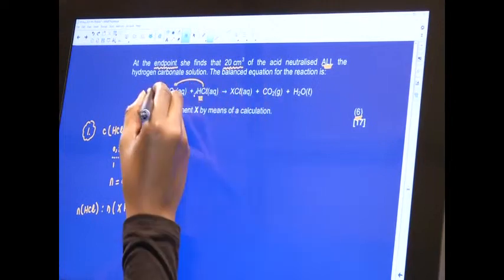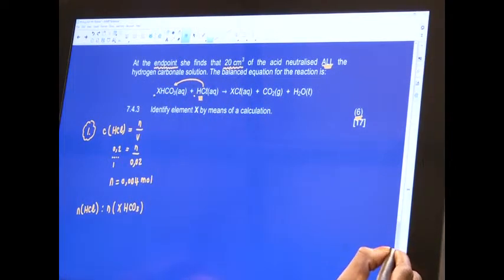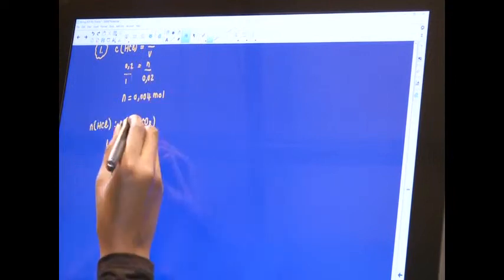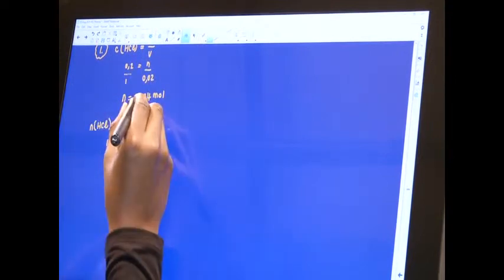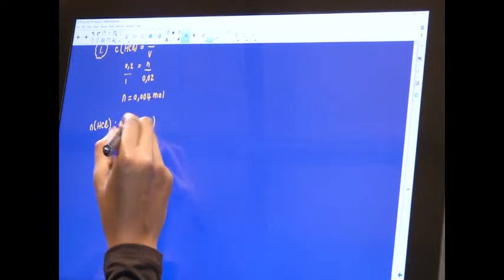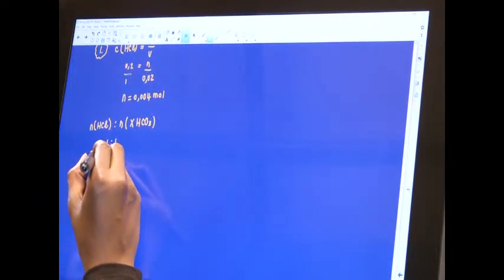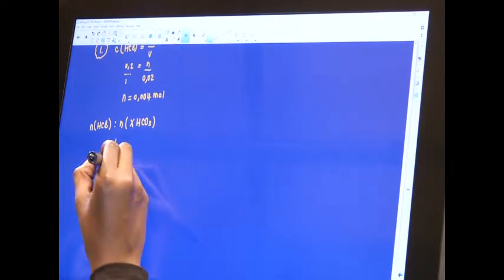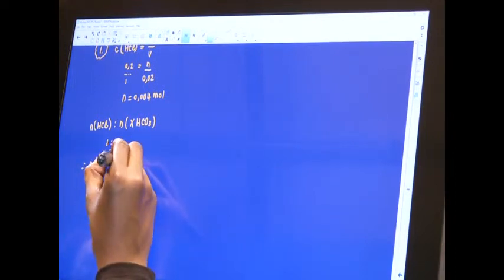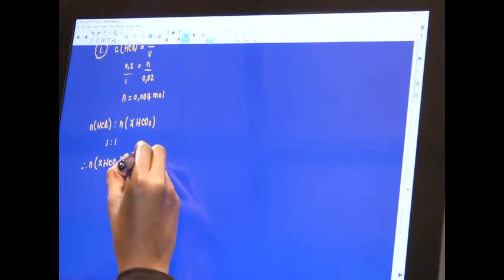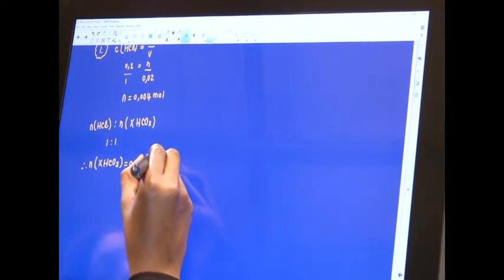If there's no number, it's a 1, so it's 1:1. So I'm just going to write it here as 1:1, which means if my moles of HCl is 0,004, it means that the moles of the unknown will also be the same. I can therefore say that the moles of the unknown element with X attached to HCO3 will also be 0,004 moles. I'm not done.